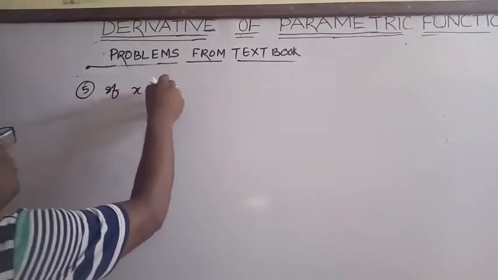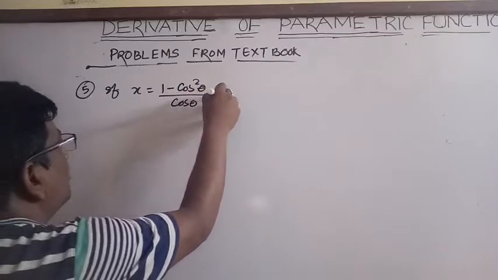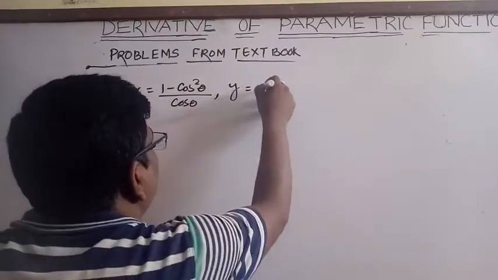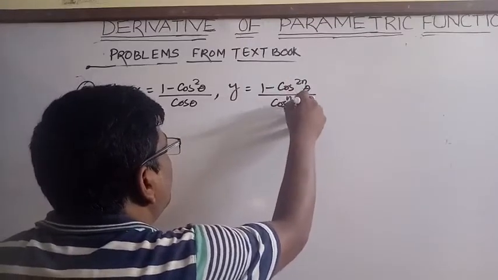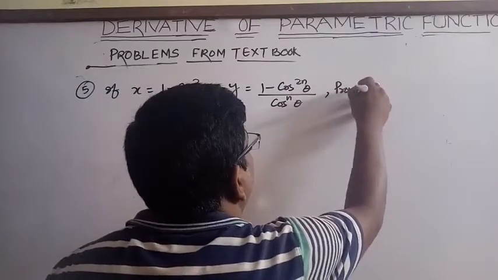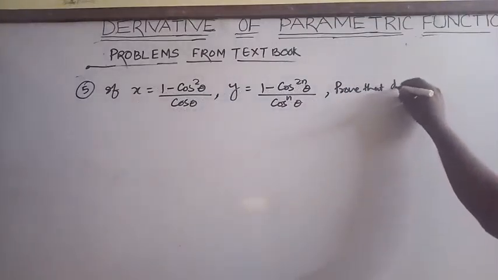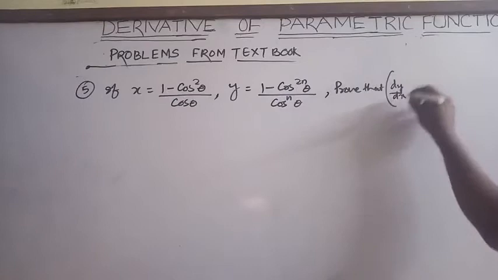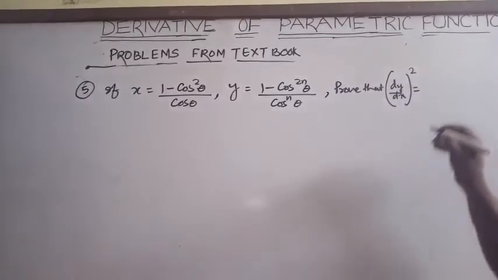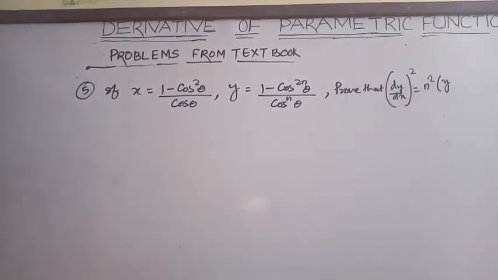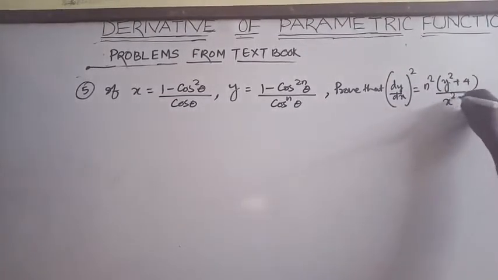If x is equal to 1 minus cos square theta divided by cos theta, y is equal to 1 minus cos 2n theta divided by cos n theta, prove that dy by dx whole square is equal to n square into y square plus 4 divided by x square plus 4.